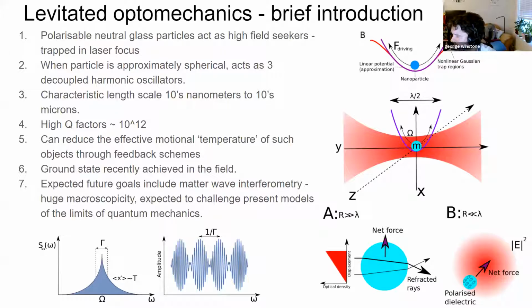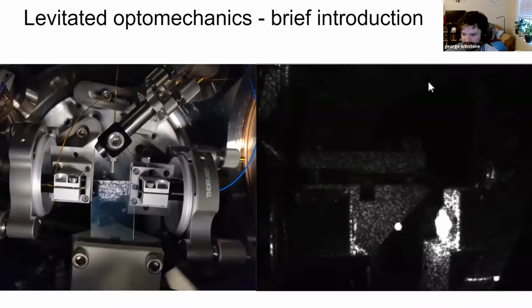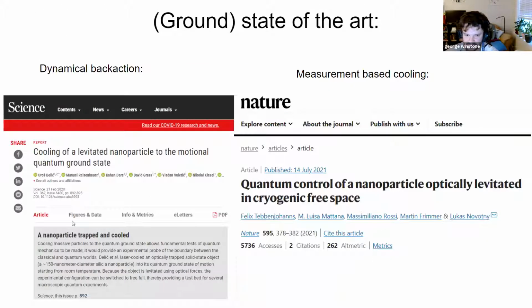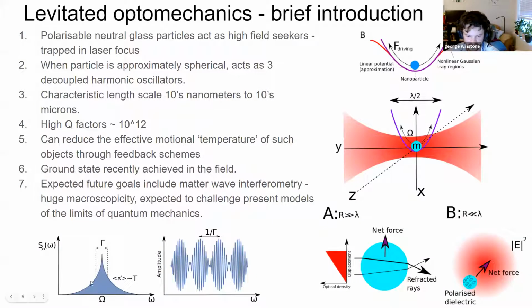I mentioned a couple of papers cooling these objects to ground state earlier, and dynamical back action is a good description of what Markus Aspelmeyer's group did to cool their particle down to ground state. The question with getting rid of the photon recoil in such a manner, and Andy, please jump in if you think I'm saying something wrong here, is that when you cool one of these Lorentzian peaks, you tend to squish it a bit and you tend to ruin your Q factor.